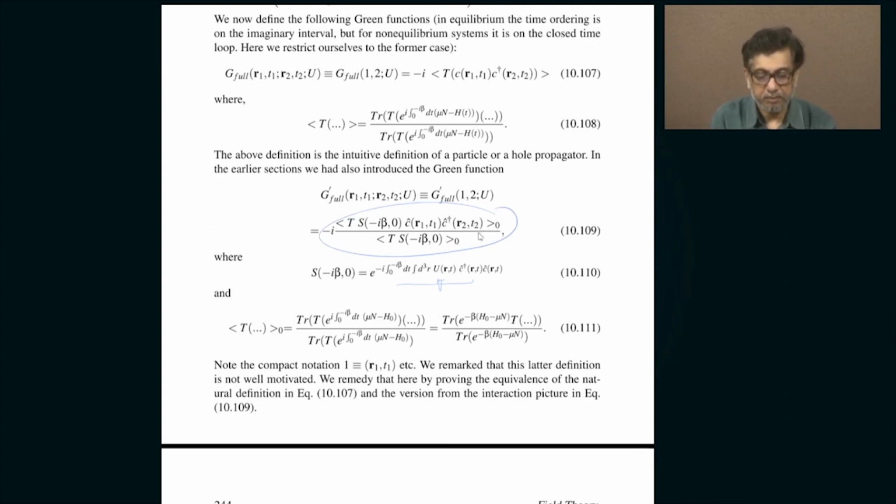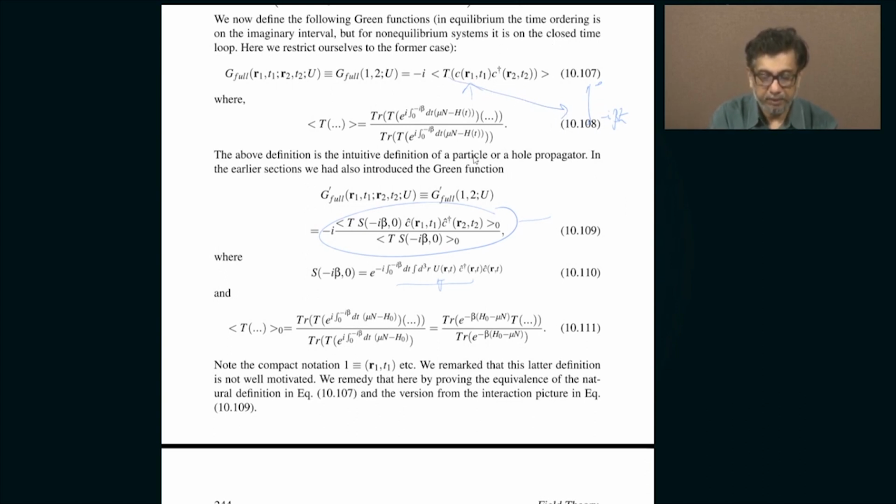This is an S matrix perturbation series friendly version of this. So this is the original average that I am looking at, where the time ordering is along the imaginary axis, remember. So this time ordering is along this imaginary axis. So this is the original definition.